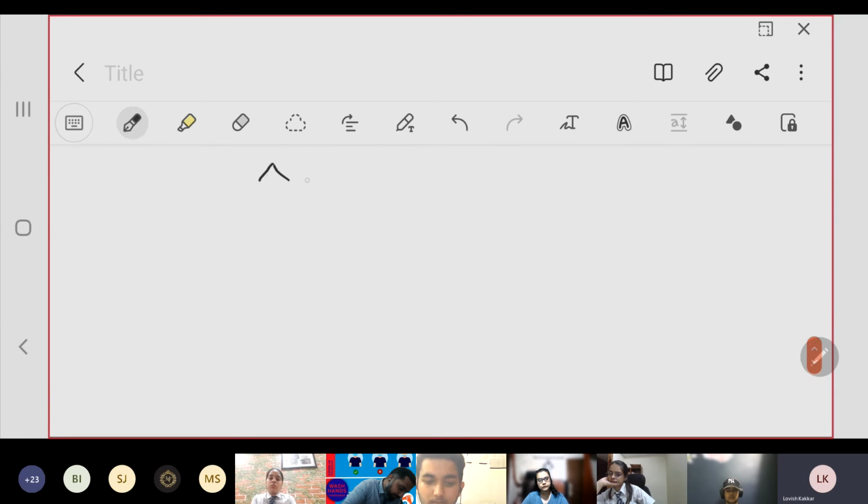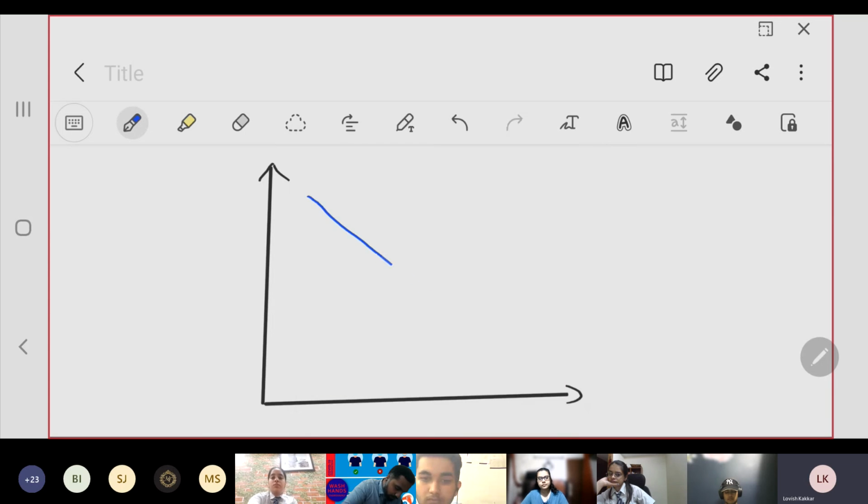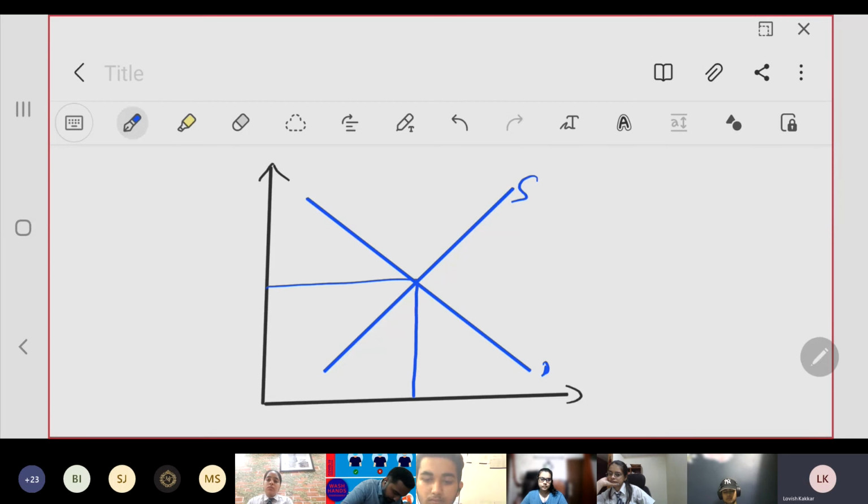We had drawn this diagram. First, draw the demand curve, supply curve, equilibrium price, equilibrium quantity.